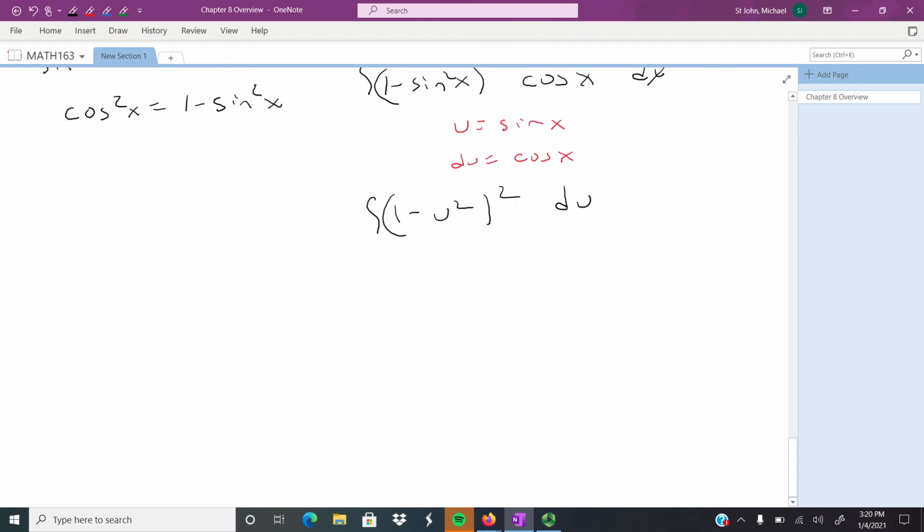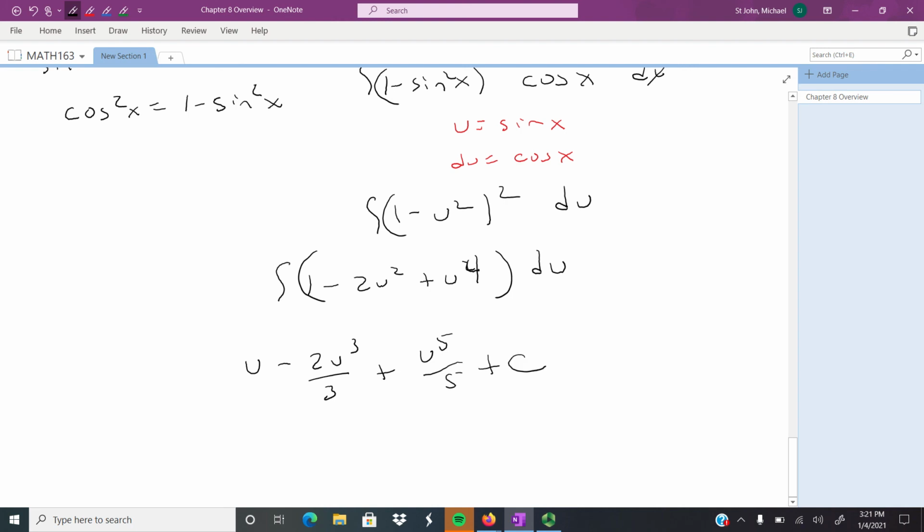And so this would be 1 minus 2u squared plus u to the 4th du. And then if we integrate this, this will be u minus 2u cubed over 3 plus u to the 5th over 5 plus c.